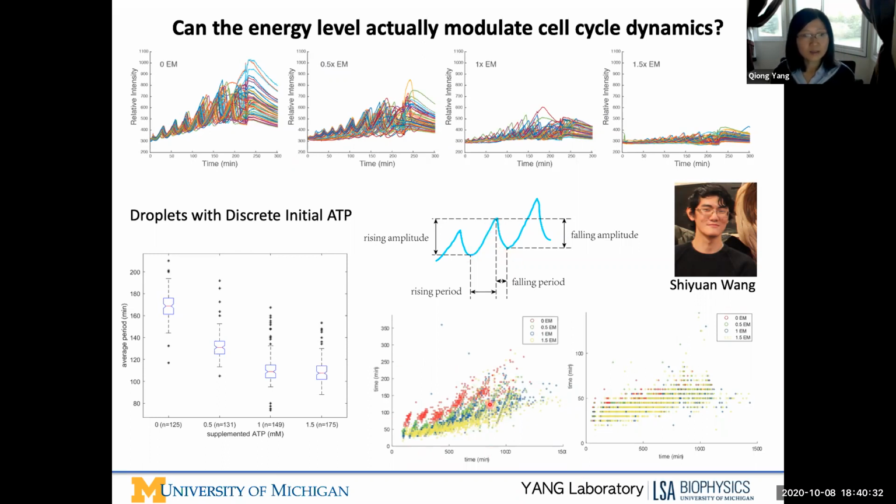And we found that it seems only the interphase is sensitive to ATP level, but the mitotic phase is very robust to different energy. This is only by adding different amounts of energy manually by pipettes, by hand, so it's very low throughput and not continuous.